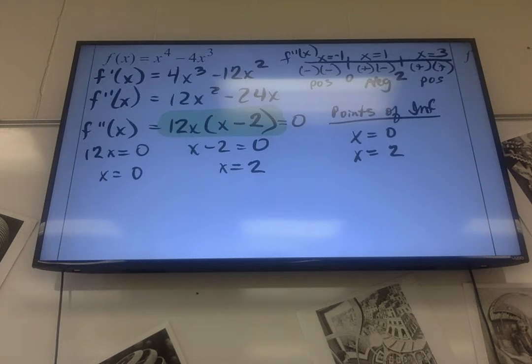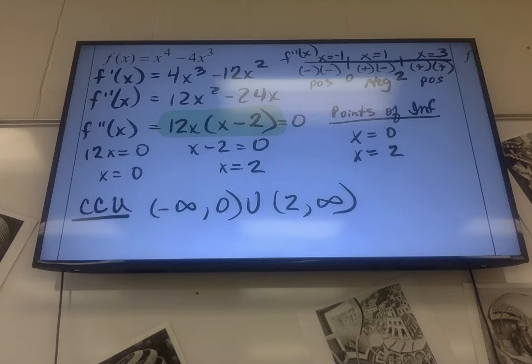And I also need to know where it is concave up and concave down. Concave up: negative infinity to 0 and 2 to infinity.